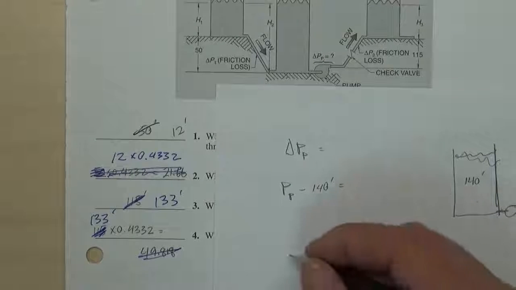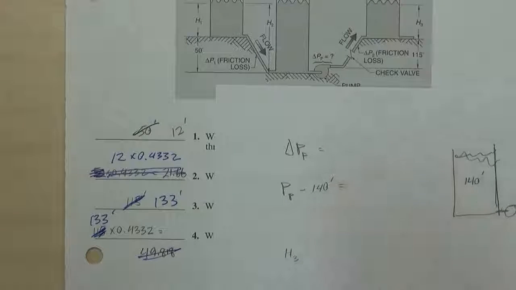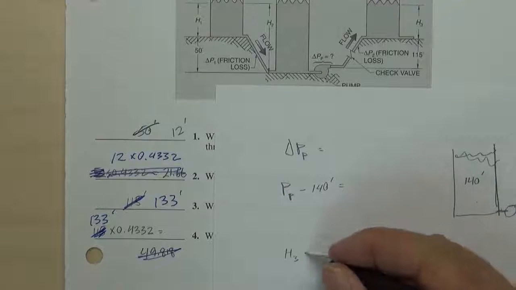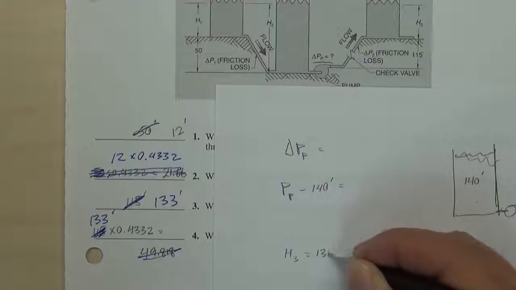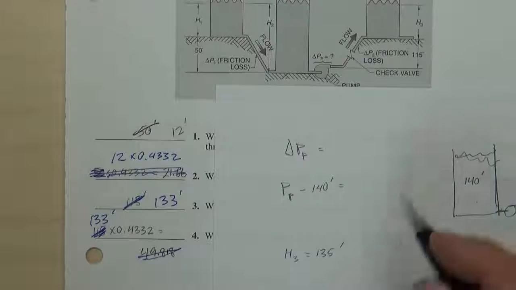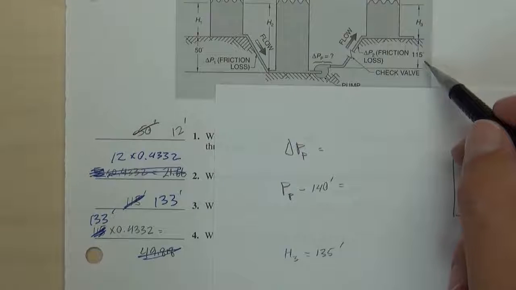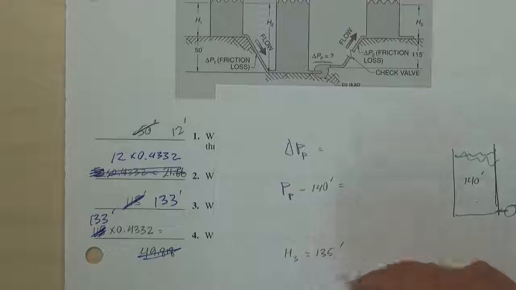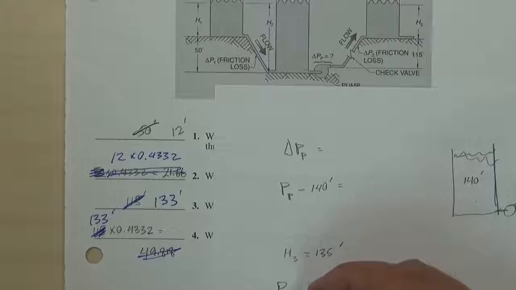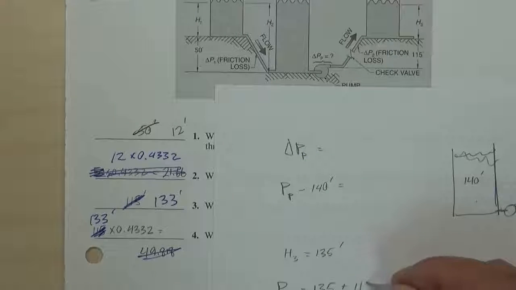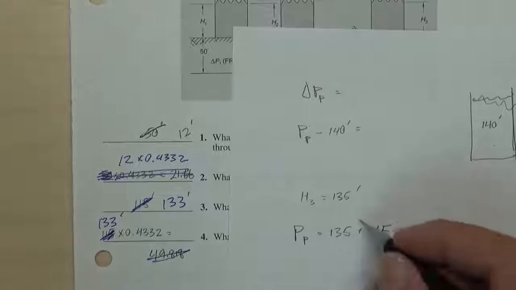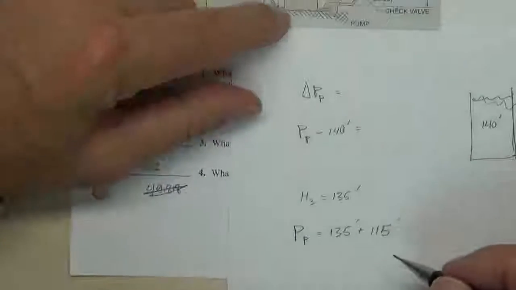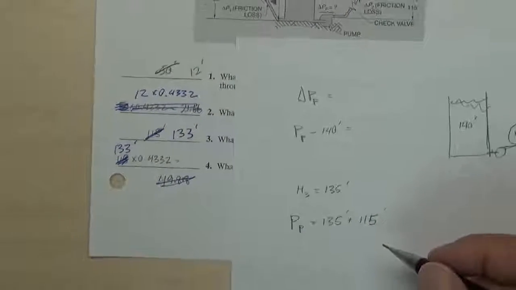So we've got H3, and that's equal to 135 feet. And then we've got this height here of 115 feet. So P sub P equals 135 plus 115. Let's zoom out a little bit.